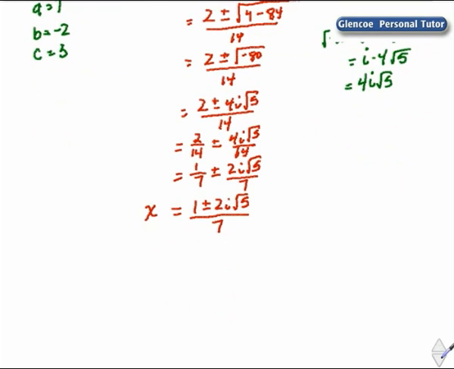Splitting them apart so that you can write them as two solutions if you need to. x equals 1 plus 2i radical 5 over 7, and, because I have two solutions, x equals 1 minus 2i radical 5 over 7.